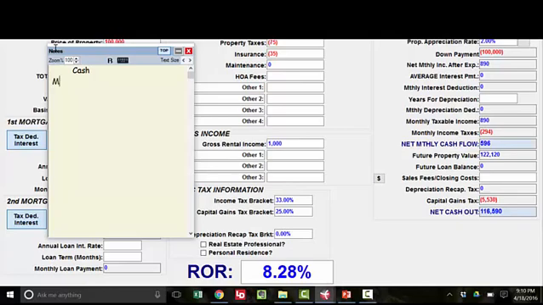Okay, so monthly, we have the $596, which is right here, the monthly cash flow, 596 times 120 is 71,520, and the net cash out right here is going to be the appreciated property minus your taxes.